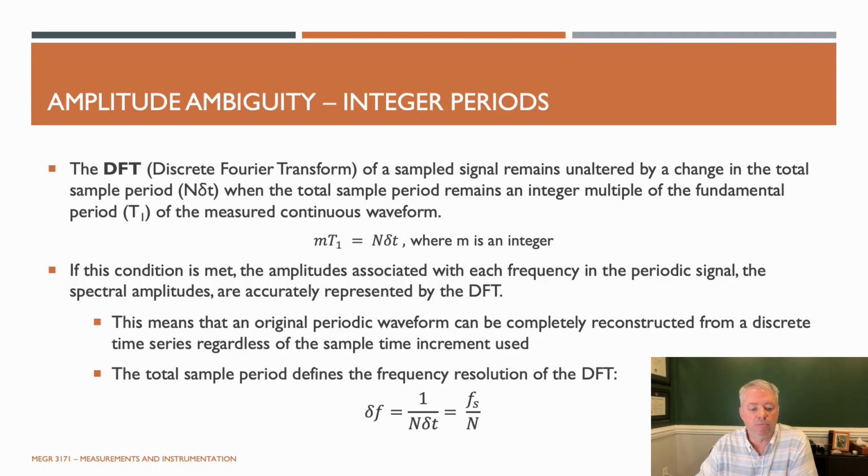And the DFT is most accurate when our total sample period, that N delta t number, is an exact integer multiple of the original waveform's fundamental period, T1. And when this is true, the amplitude of our DFT is accurate, and we can perfectly reconstruct the original signal.